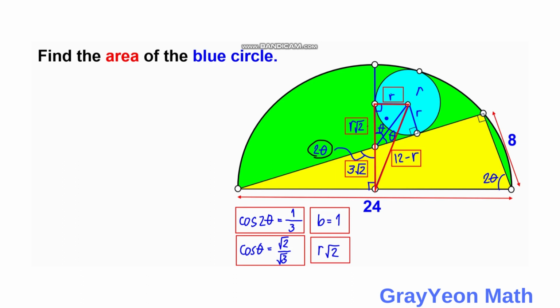Okay, so now as you can see, I have highlighted this right triangle that we desire to get the representation of the sides with R. One leg is R and the other leg is a combination of these two, R square root of 2 plus 3 square root of 2, and the hypotenuse is 12 minus R. Of course, by Pythagorean theorem, we can make an equation about that.